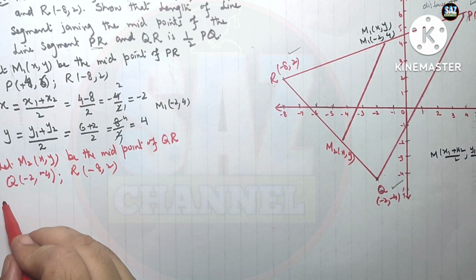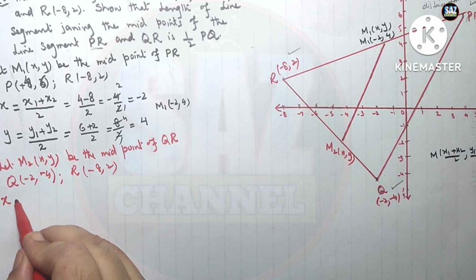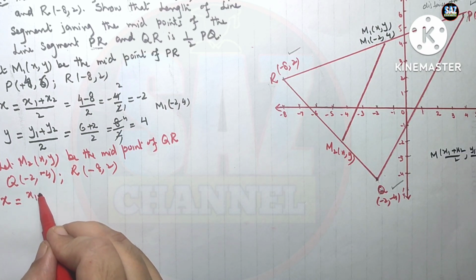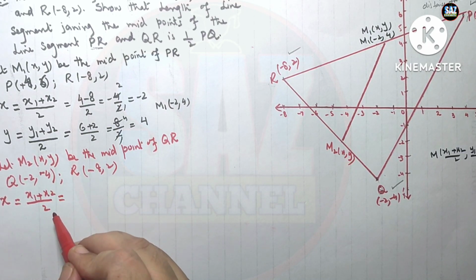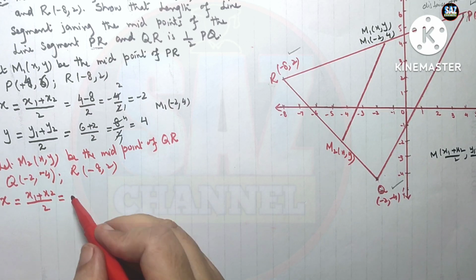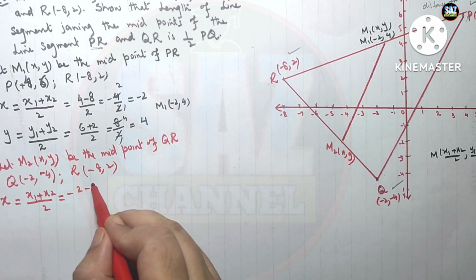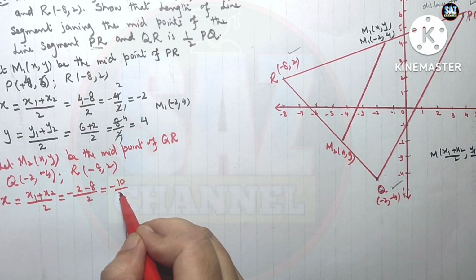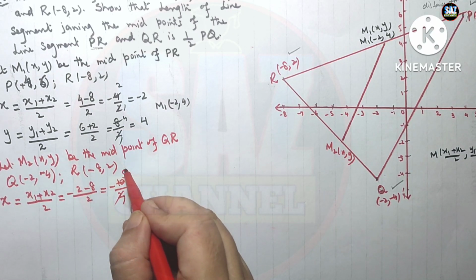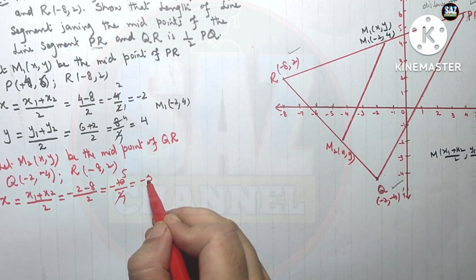And now again I have to apply the midpoint formula, that x will be equal to (x1 plus x2) over 2, that is (-2 minus 8) by 2, which is -10 by 2. 2 fives are 10, so it is -5.